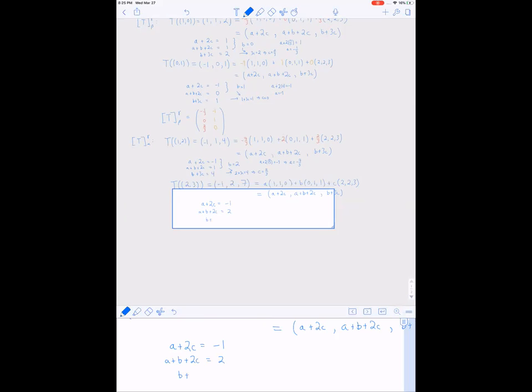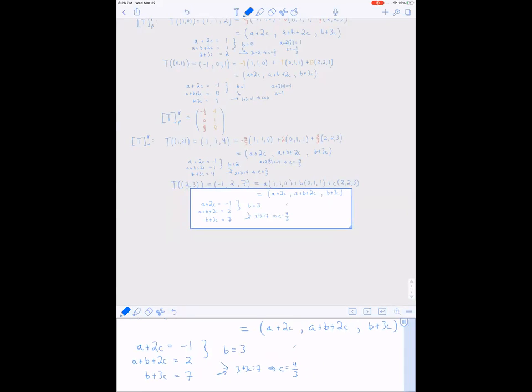And B plus 3C is supposed to equal 7. So subtracting the first equation from the second, B is equal to 2 minus -1, which is 3. So then we know that 3 plus 3C is equal to 7. So C is equal to 4/3.